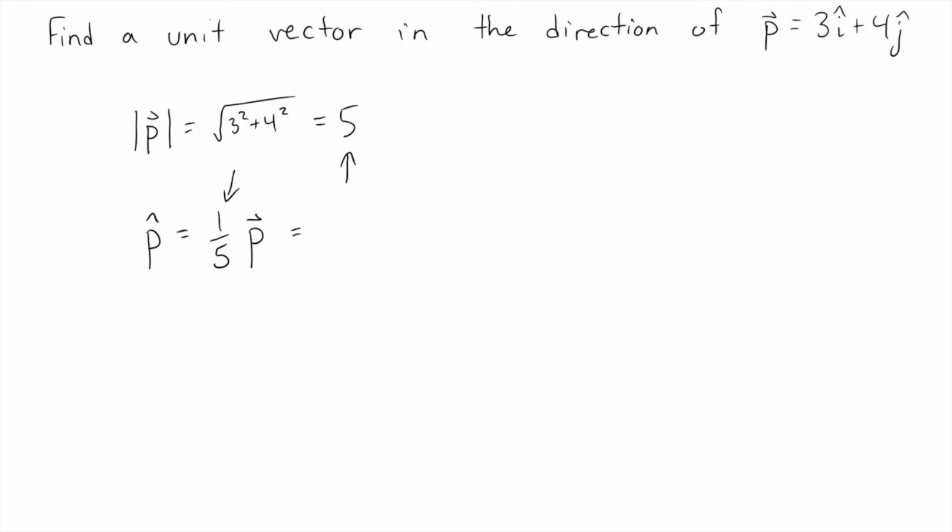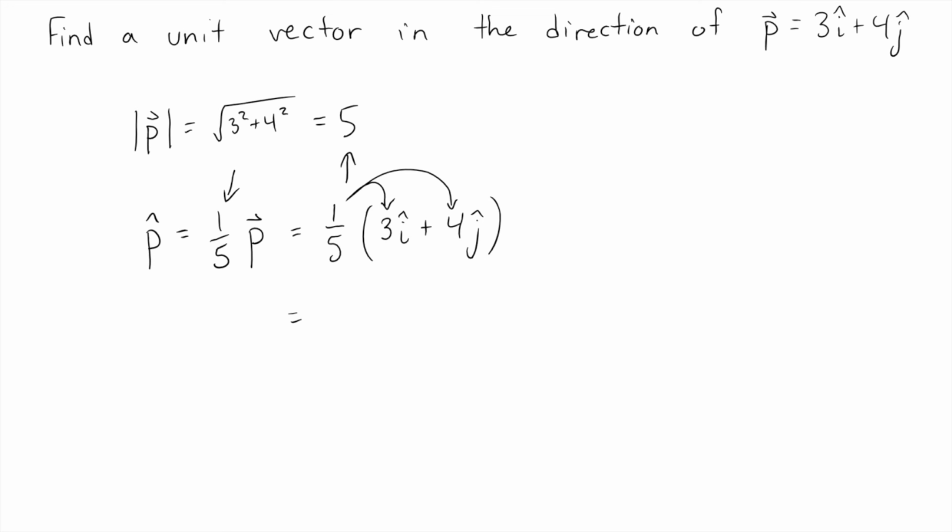And so that just means I need to find 1/5 of the vector 3i plus 4j, which based on scalar multiplication is actually really easy to do, because I just have to multiply in that scalar multiple of 1/5 into those numbers in front of my unit vectors, or my basis vectors.